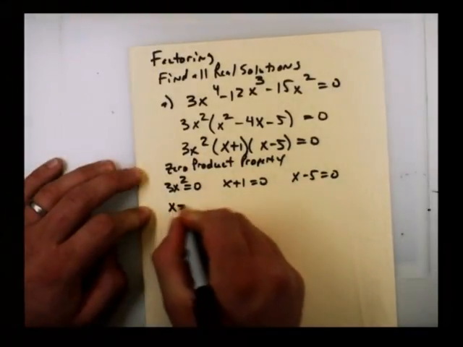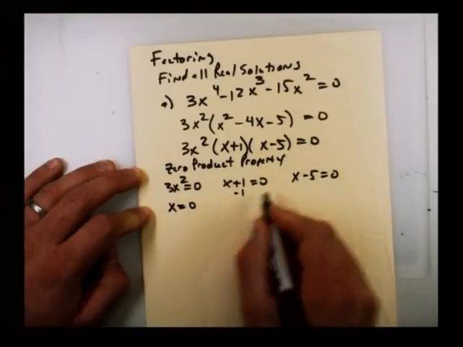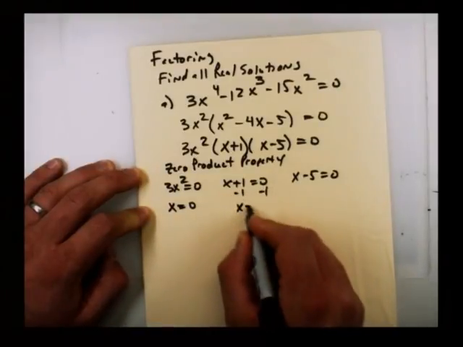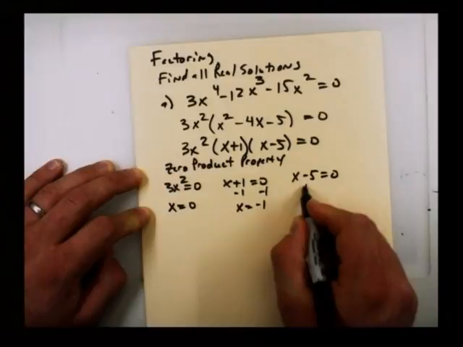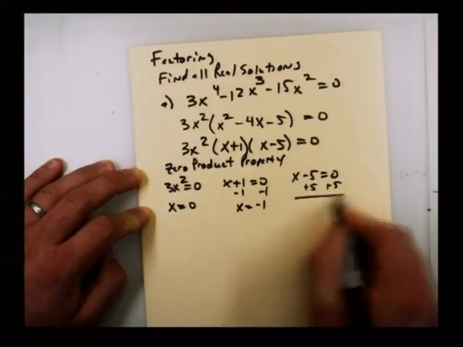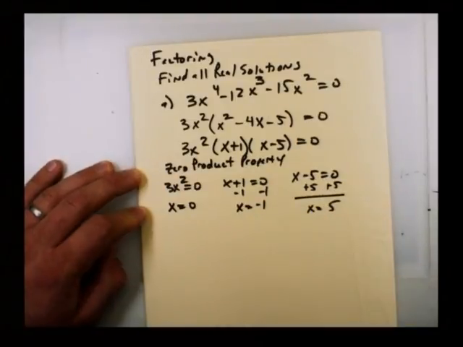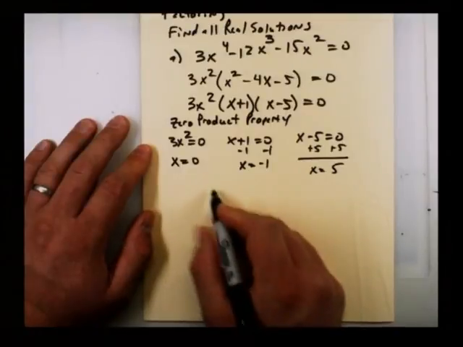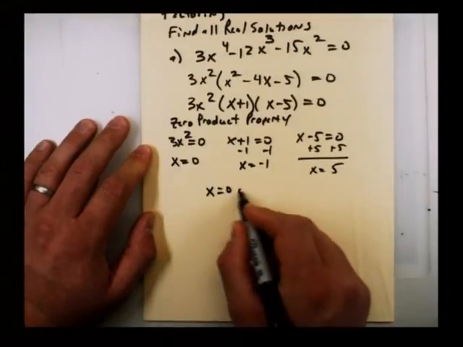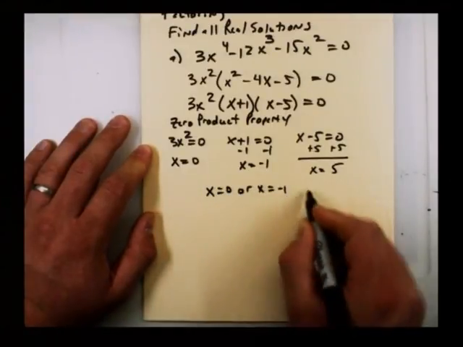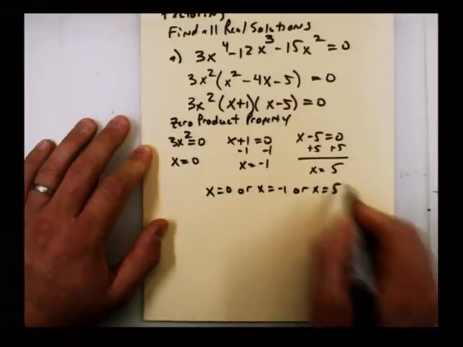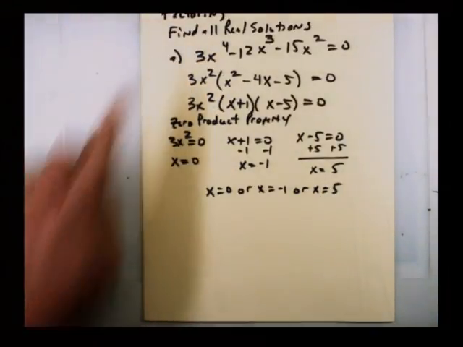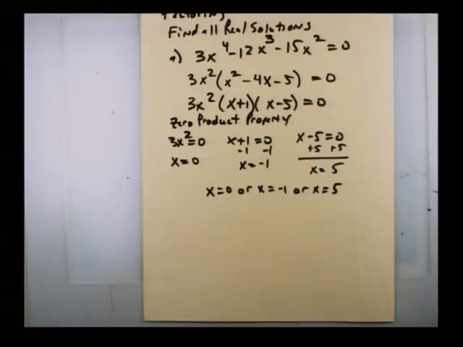Solve that, x equals 0, minus 1 to both sides, x equal to negative 1. Add 5 to both sides, x equal to 5. So our 3 solutions for this are what can x equal? x can equal 0, or x can equal negative 1, or x can equal 5. Plug any of those into the original problem, we'll get 0 out, have both sides equal.